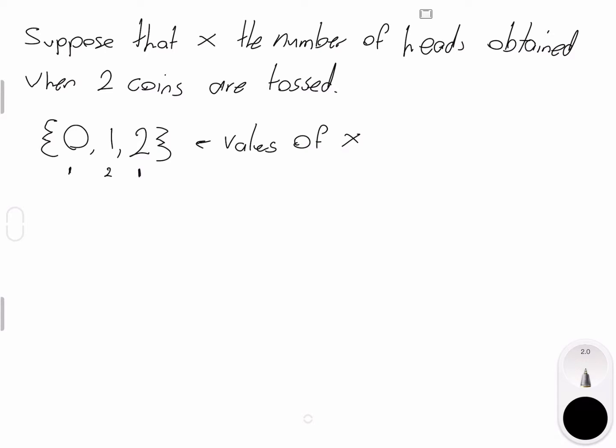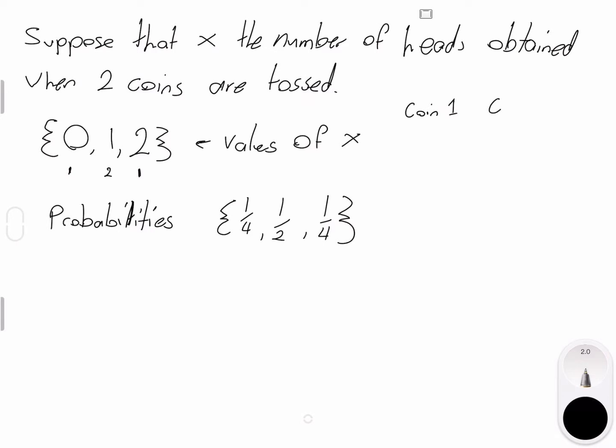So we could write out the corresponding probabilities as 1/4, 1/2, or half, and 1/4. Realistically there are 4 different ways this could come up. So we've got coin 1 and coin 2.